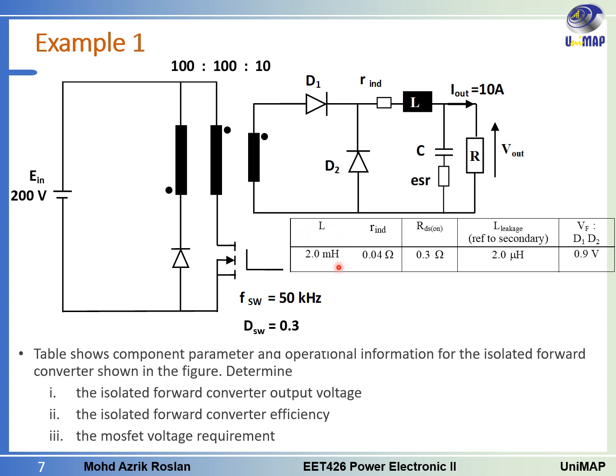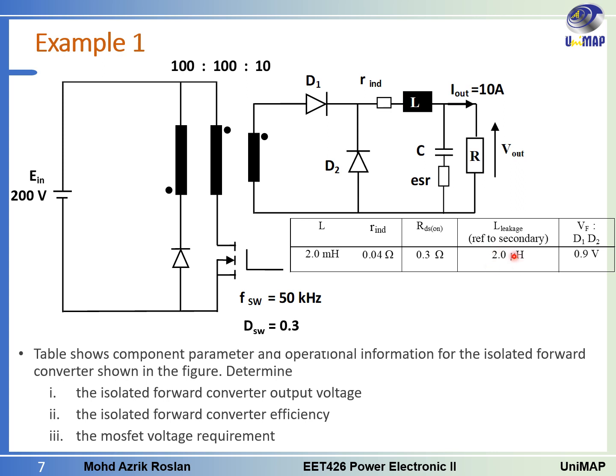The inductor here is 2 millihenry. The R inductor, the resistance of the inductor, is 0.04. The RDS on, the resistance during the switch turn on, is 0.3. And then we have the leakage inductance referred to the secondary, which is 2 microhenry.